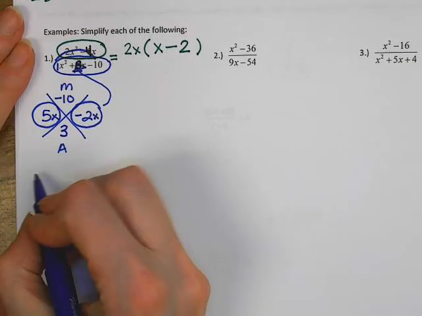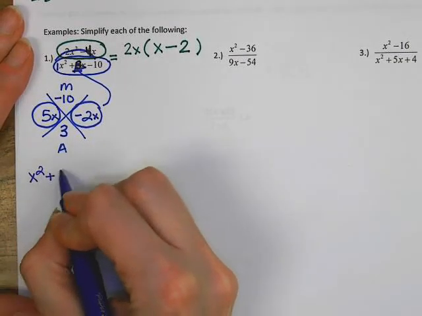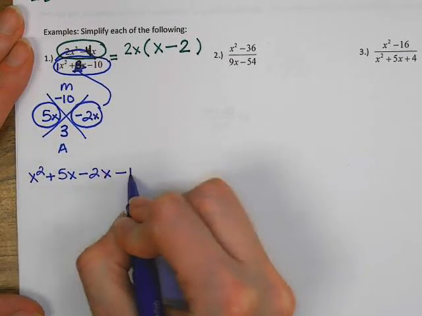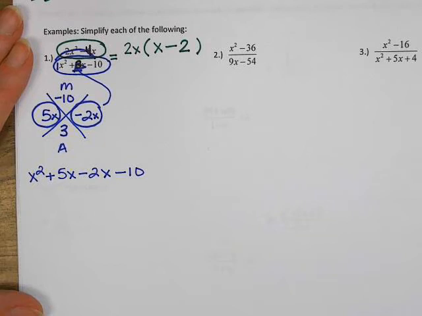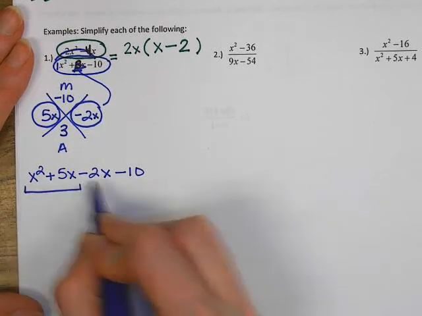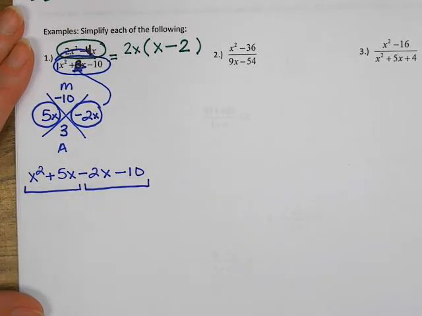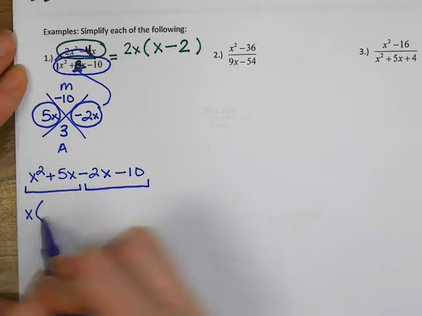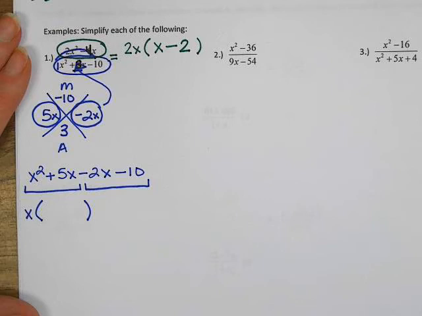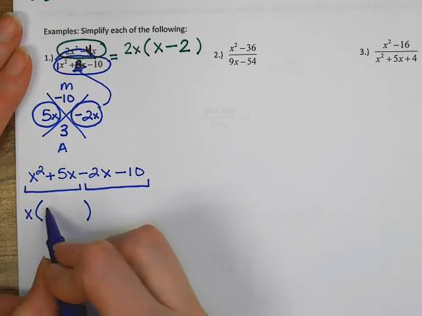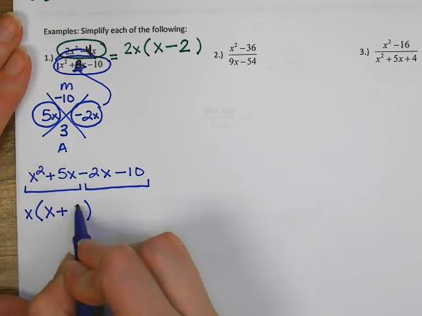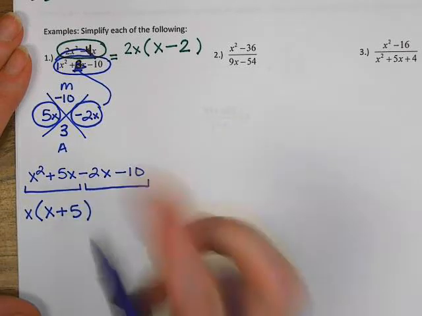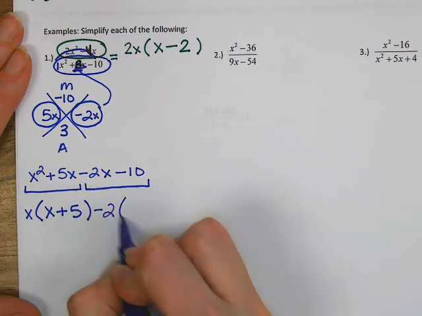Okay, so when we write it out, it's x squared plus 5x minus 2x minus 10. And now we factor by grouping each pair. So these guys both have a 1x we can divide out. And when we divide them both by x, we're left with x plus 5. These guys we can both divide by negative 2.